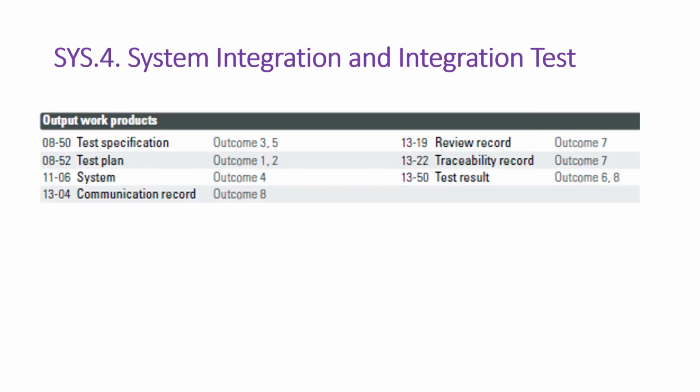So the output work products are the system integration test specification, system integration test plan, system level review records, communication records, the integrated system as an outcome as well, the review records, traceability record, and even the system integration test report as an outcome.